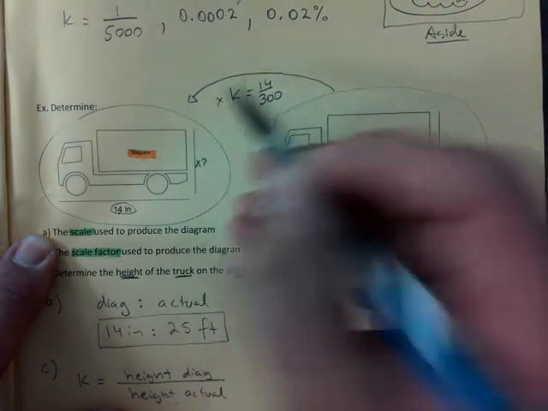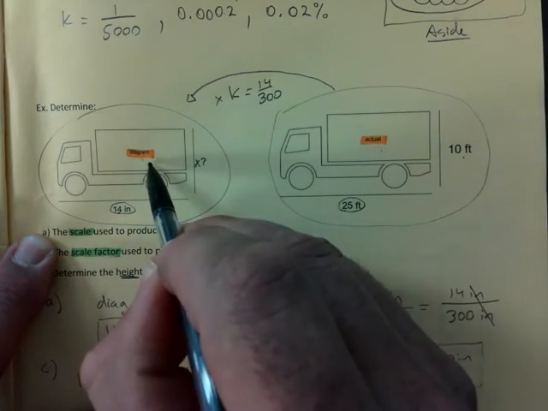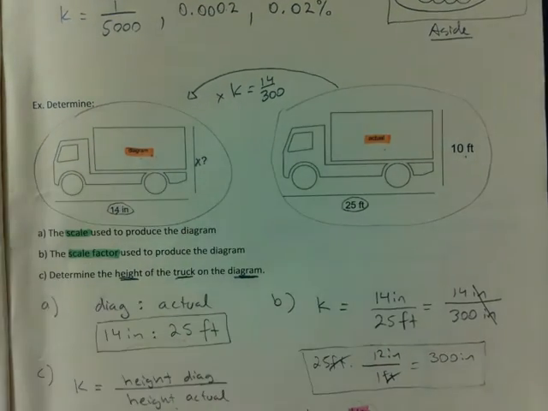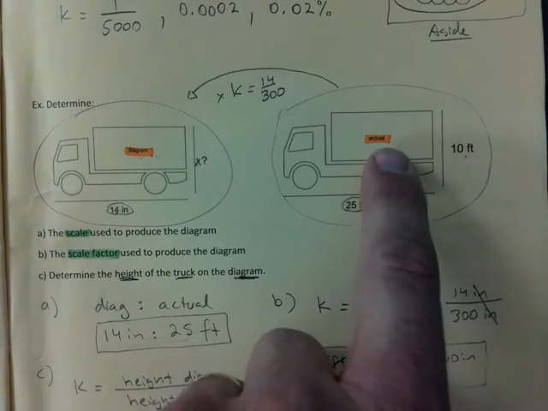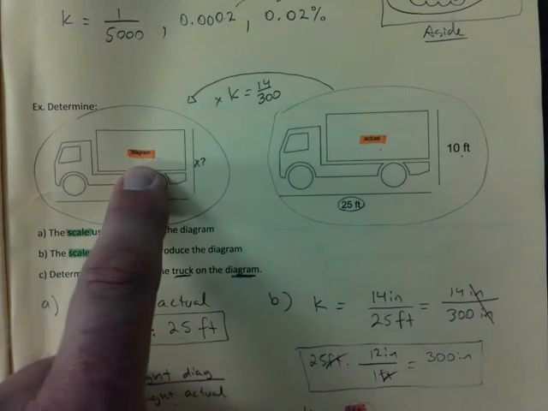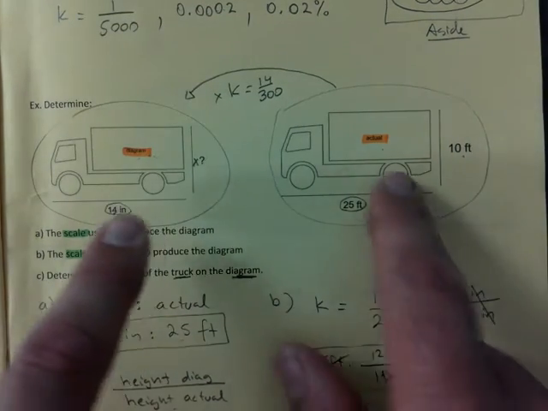We multiplied the actual by the scale factor to get this over here. That's actually what happened. We found that constant that would get me from one side to the other. So whenever you find a scale factor, you're finding how the actual has been affected to get the diagram. Obviously, it's a reduction, right?